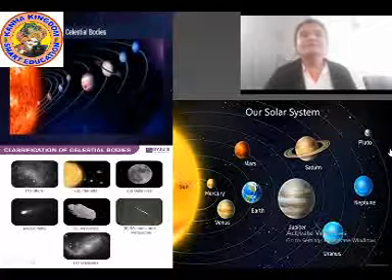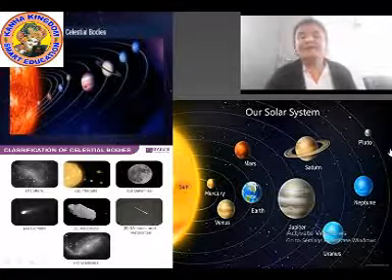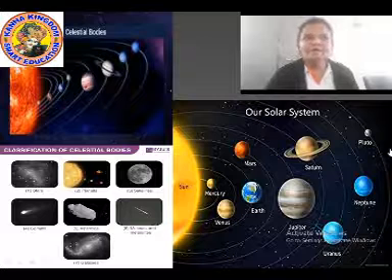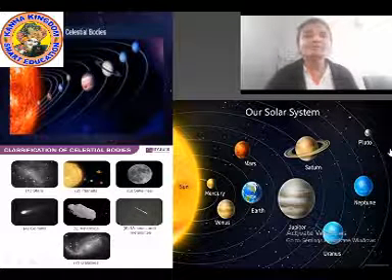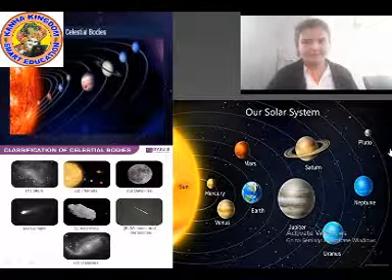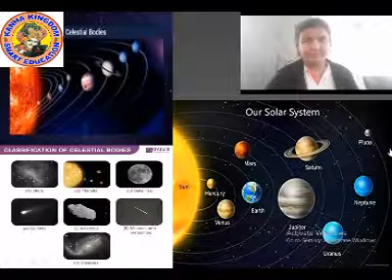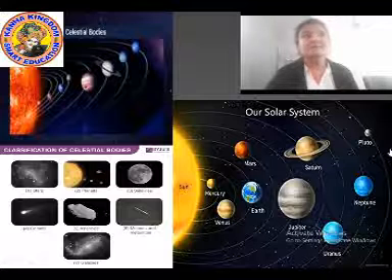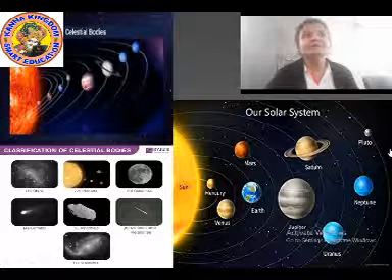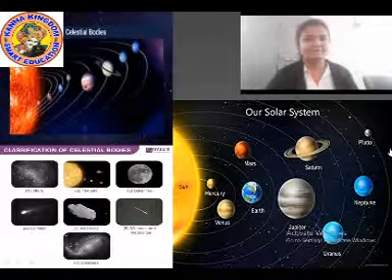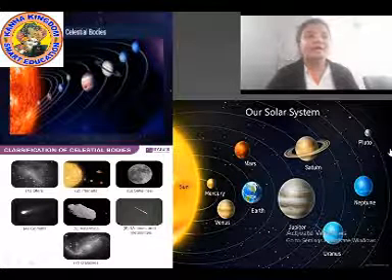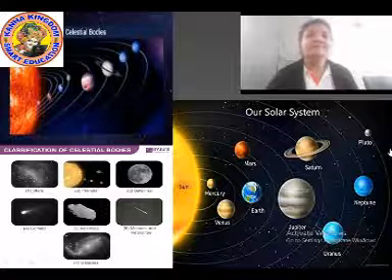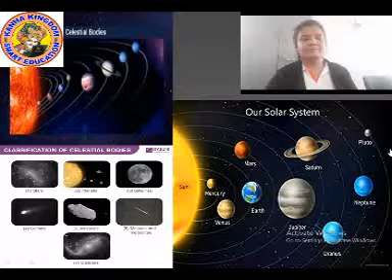Now to the first picture. In that picture, they are the celestial bodies, but I am only showing you the Sun and the planets. Right? Here, it is clearly showing you the 4 inner planets that are near to the Sun and the 4 outer planets that are far from the Sun.